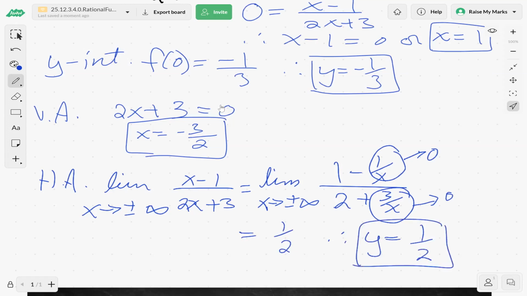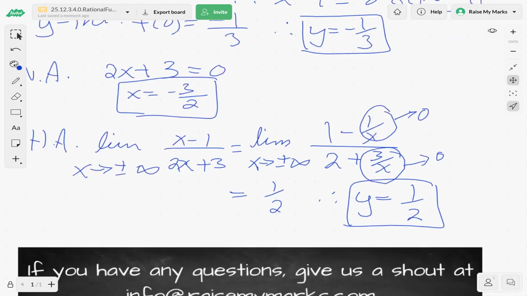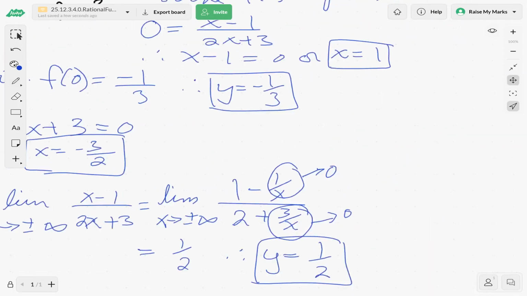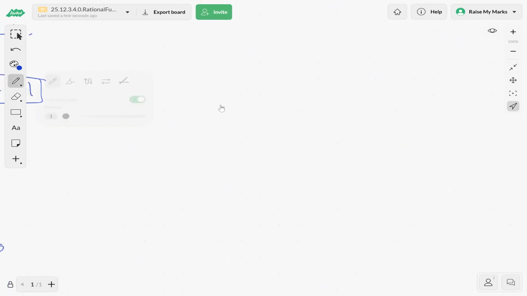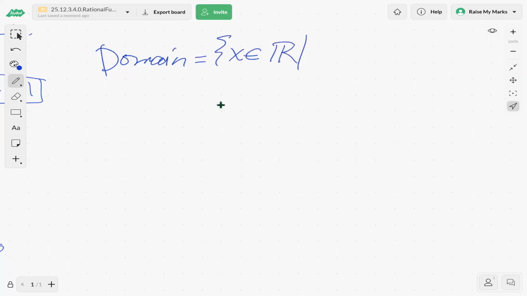Something else that's nice to know is our domain and range. We didn't look at that in the previous exercise, but let's look at it here. The domain for our function is all real numbers except when x equals -3/2, because that is our vertical asymptote, and we're never going to attain that value for x.